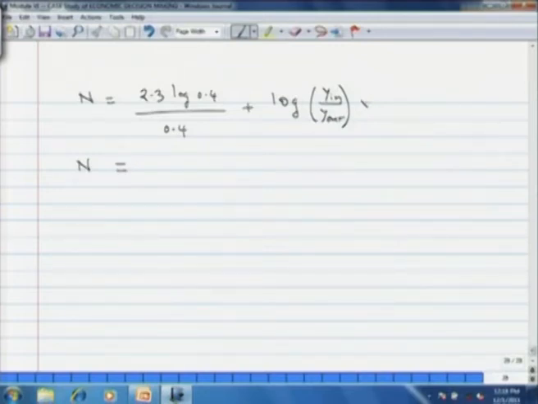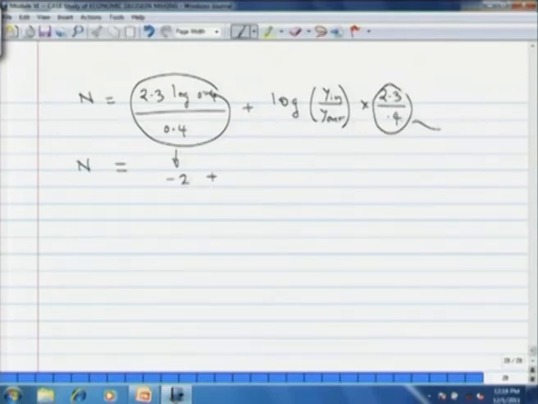So, here we have to multiply by 2.3 by 0.4, that we did not do. Okay. Now, this particular fraction comes out to be minus 2 approximately, plus 2.3 by 4, we can take approximately as 6.